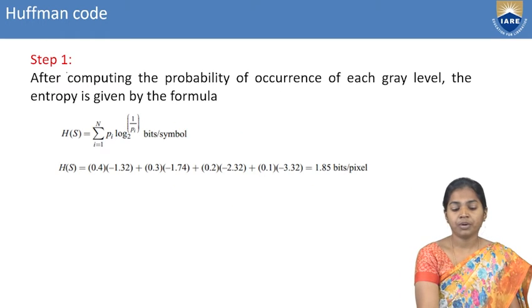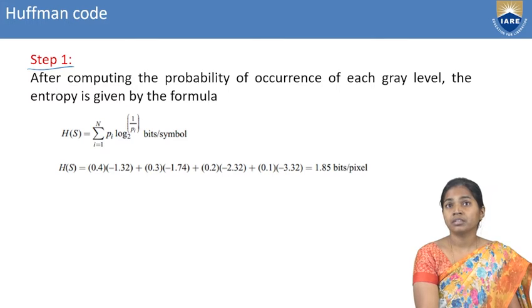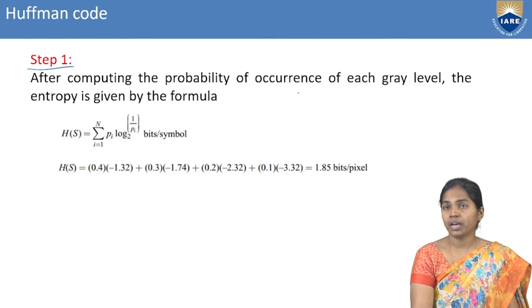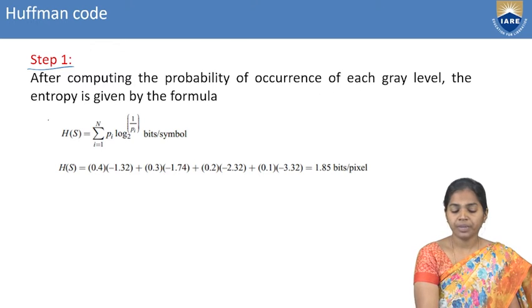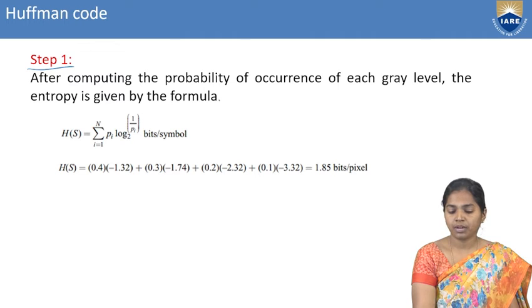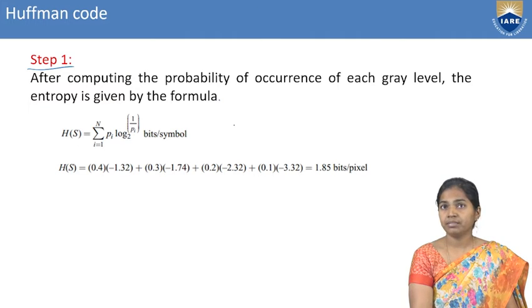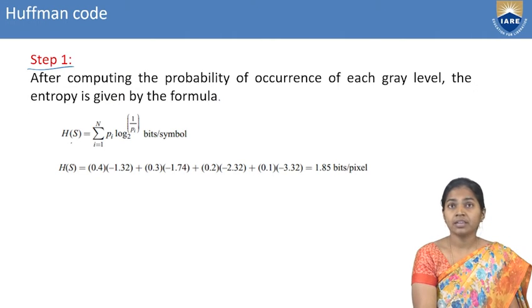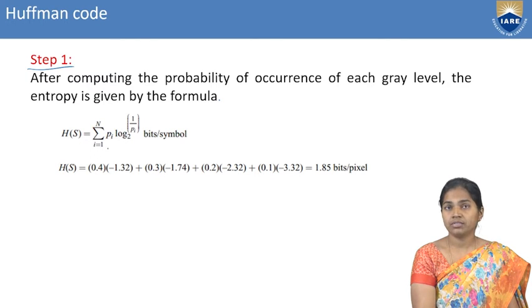Now, how to calculate the entropy. After computing the probability of occurrence of each gray level, the entropy is given by the formula H(S) equals summation i equals 1 to n of p_i log base 2 of 1 by p_i, in bits per symbol.